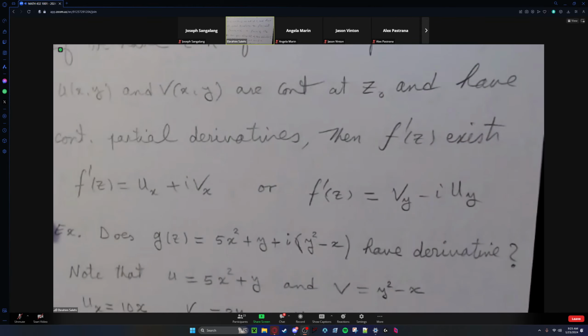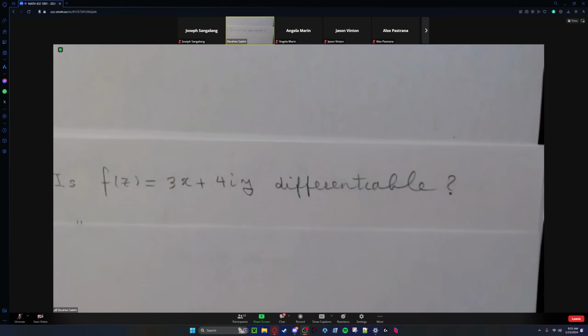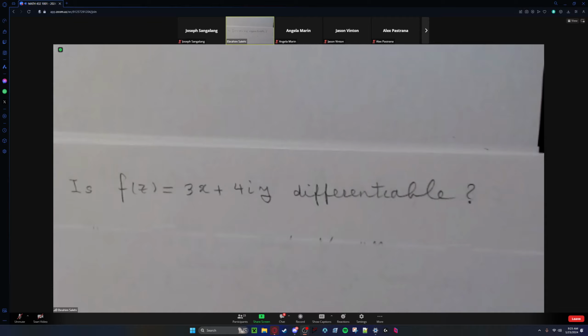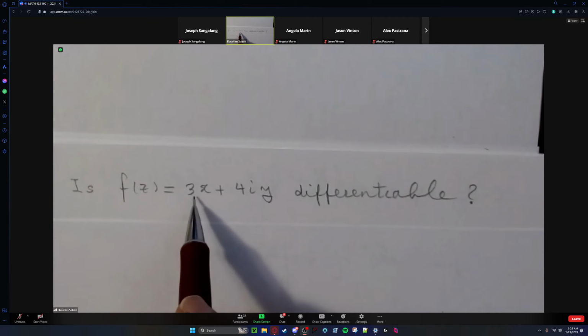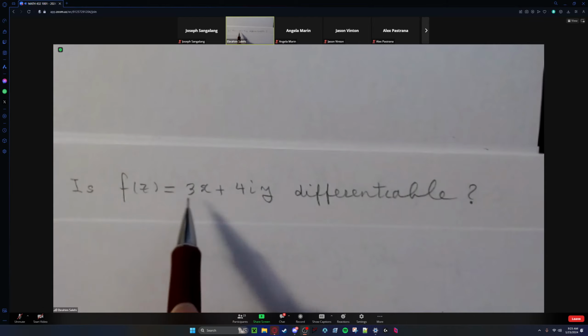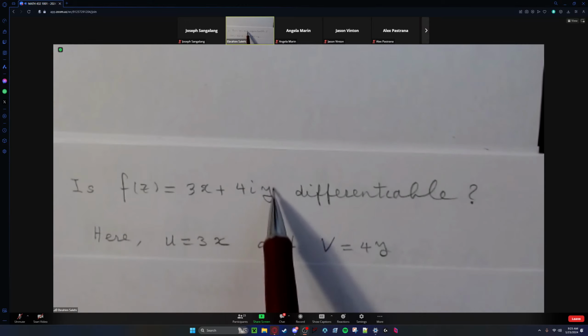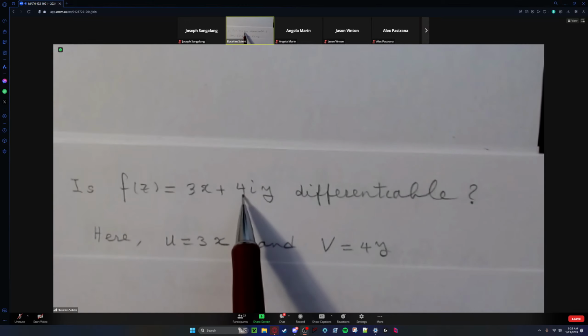Let me give you an example. Do you remember that function, which is a continuous noise function? Here, u of x, the real part, is 3x, and v is 4y.